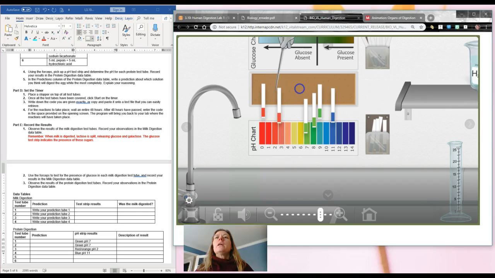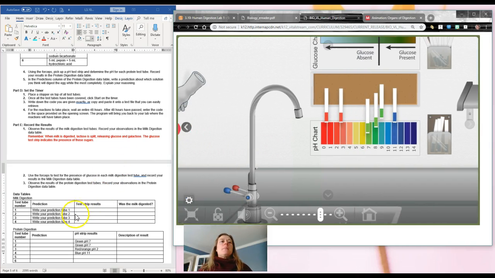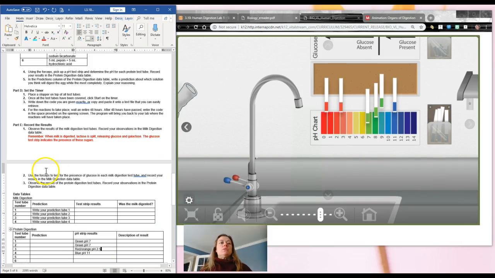Yeah, more like that. Okay. So I would say this one here is going to be closer to, the pH 2 is more like 2 or 3. So I'm going to say 2.5. And this one's definitely closer to 1.